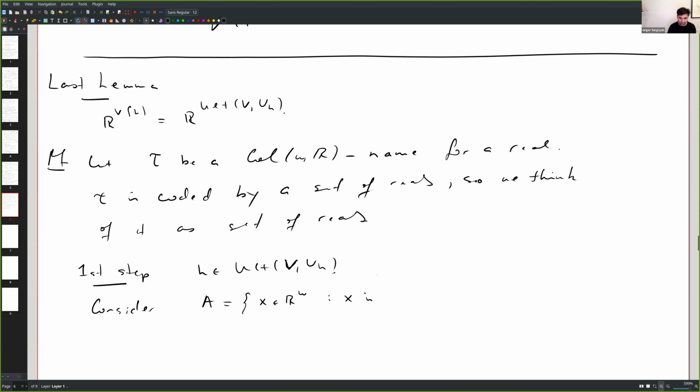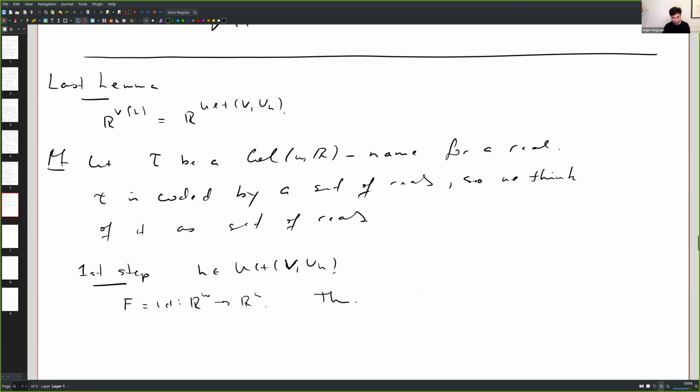Let f be the identity function on R, right?